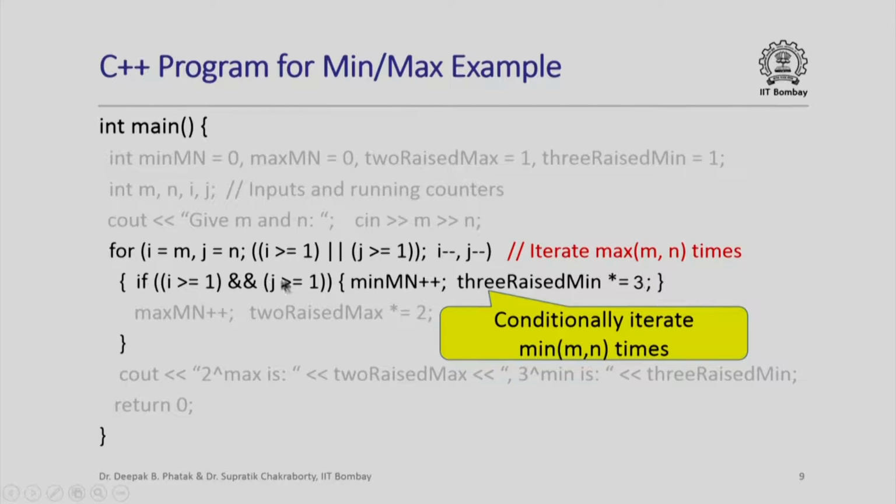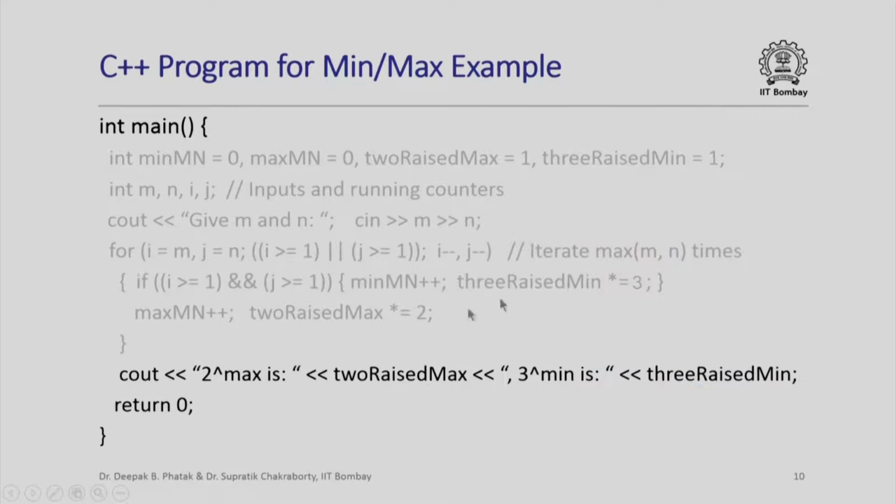The moment one of i or j becomes 0, this condition evaluates to false, this statement is no longer executed, and therefore the value of min(m,n) does not change. So here you see I have used one for loop, but using an if statement I am basically making these two statements be repeatedly executed only min(m,n) times, although the entire loop is being iterated max(m,n) times.